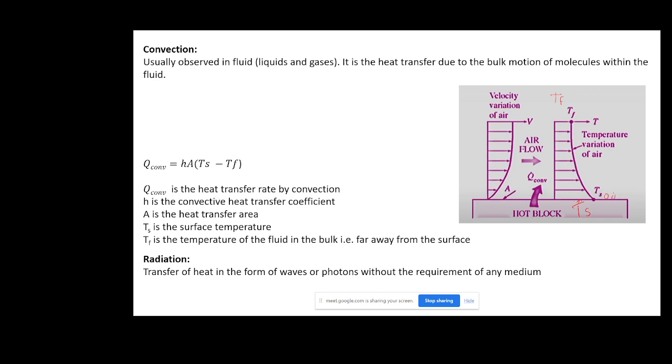Now there will be some molecules which are in immediate contact with the surface of this hot block.